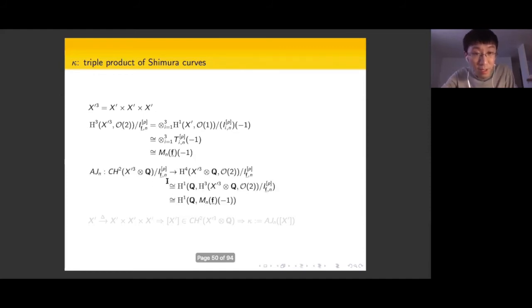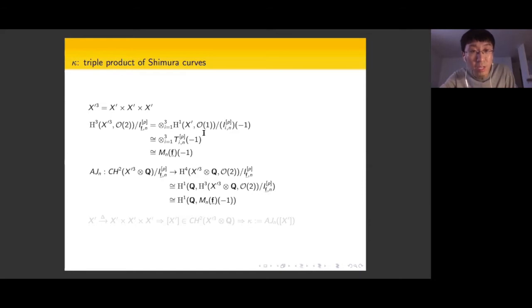Okay. And then I have the cycle class map from the Chow group of codimension 2 to the degree 4 cohomology of the threefold over Q. But as I explained here, by the Künneth decomposition, the only term that can survive is, sorry, this Q should be Q bar, I messed up here.